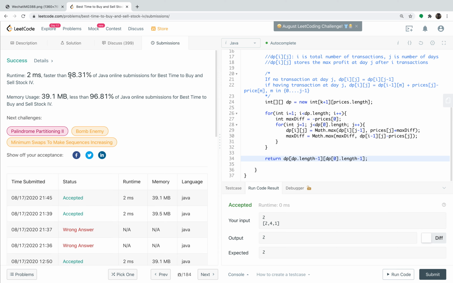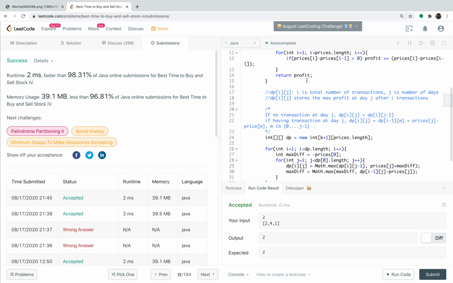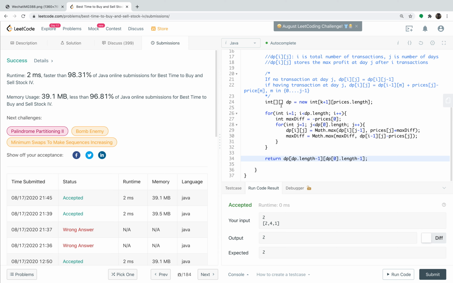Even though the time we use is similar to the previous method, in theoretical complexity we find it uses n square space in this question, and there is also n square time complexity with the outer loop and inner loop. So should be n square time.